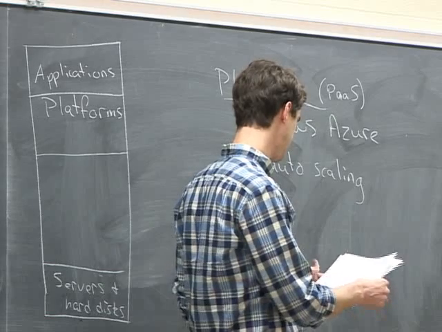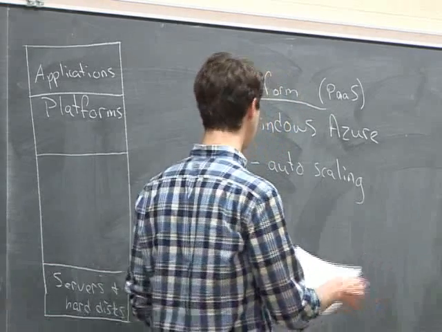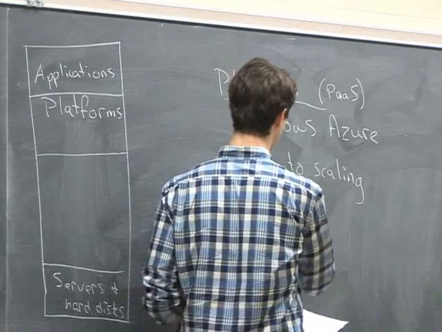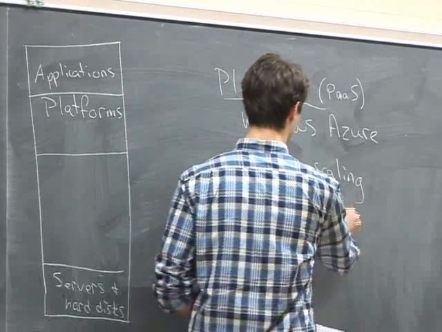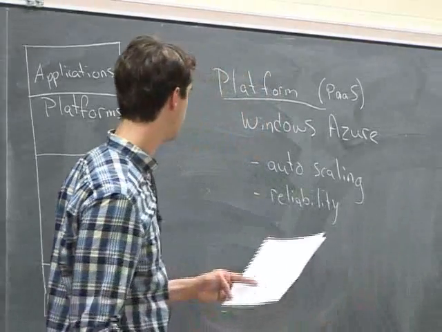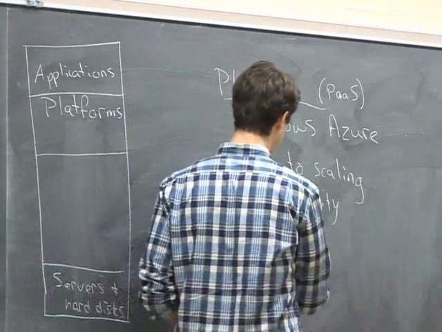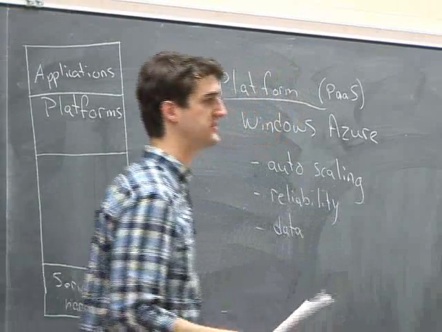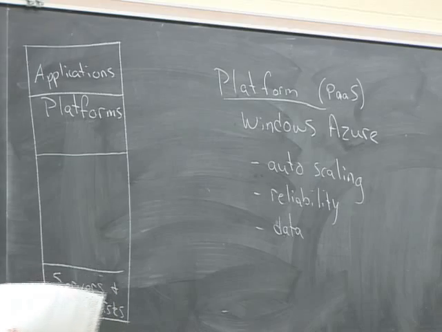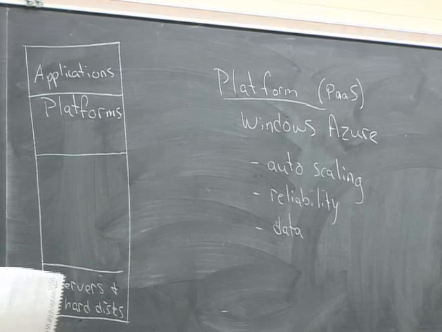So I just want to say what these things get for you. They get you scaling, they get you reliability, and they basically make your life easier. They keep your data. Say you have a server that's running, and then your hard drive crashes on it.